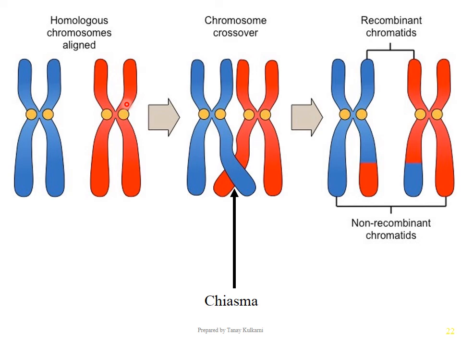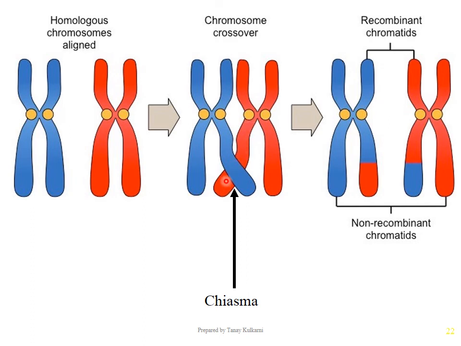Pause this video and note down this definition. Listen again. So these homologous chromosomes have chromatids. The non-sister chromatids, which means chromatids from each chromosome, will overlap, as you can see in this diagram. The blue chromatid overlaps with the red one.